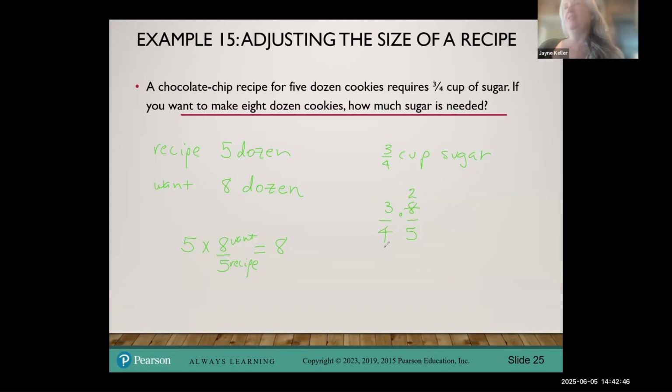And then 4 divided by 4 is 1. So I just have 3 times 2, which is 6, over 1 times 5, which is 5. So 1 1/5 cups of sugar.